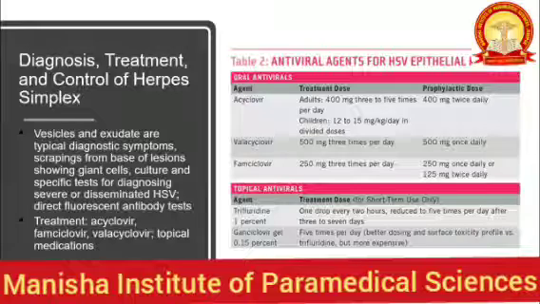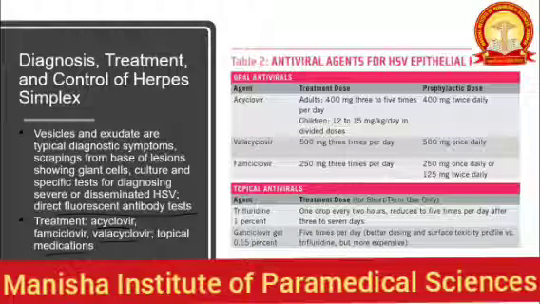A direct fluorescent antibody test is also available to check for the presence of the specific antibody to confirm the infection. Treatment: acyclovir, valacyclovir, and other topical medications. Topical medications prevent the itching and reduce the pain from the blisters on the skin.